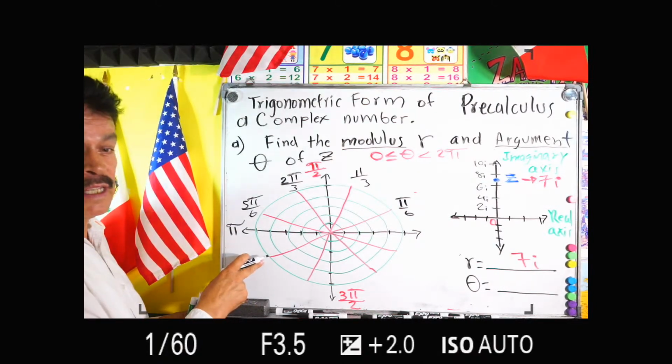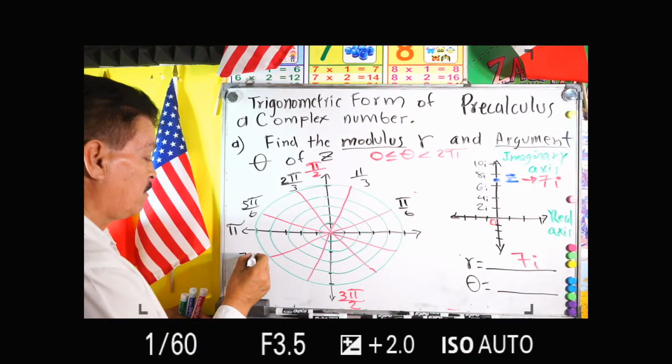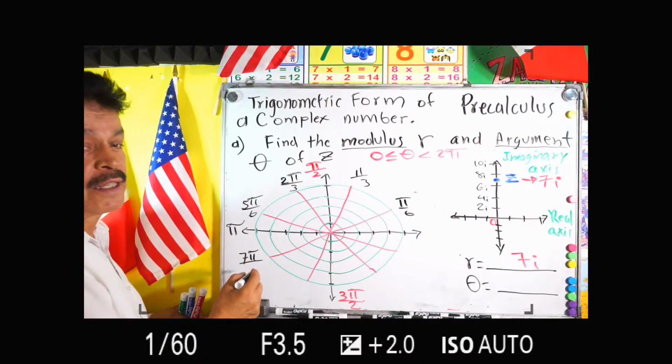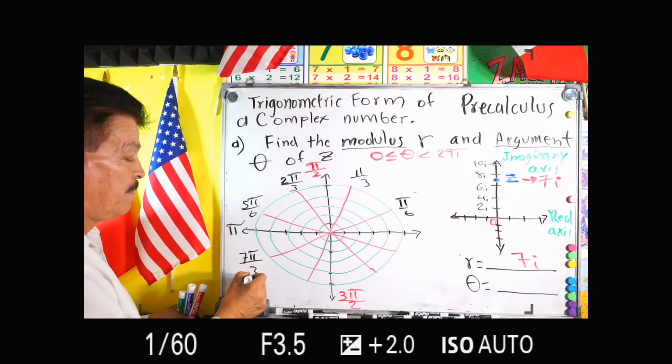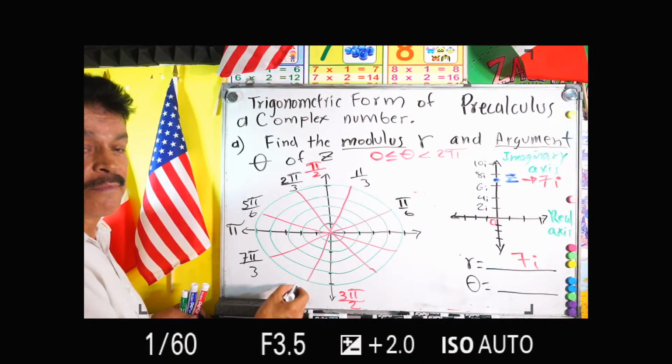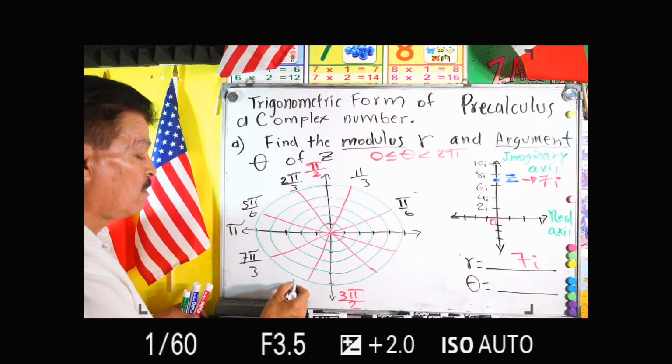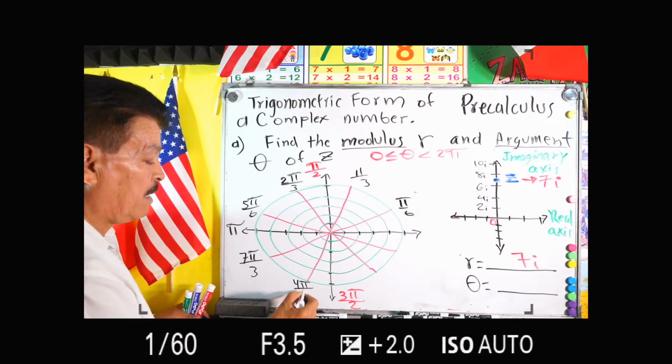Here this is 7 pi divided by 6, and here is 4 pi divided by 3.